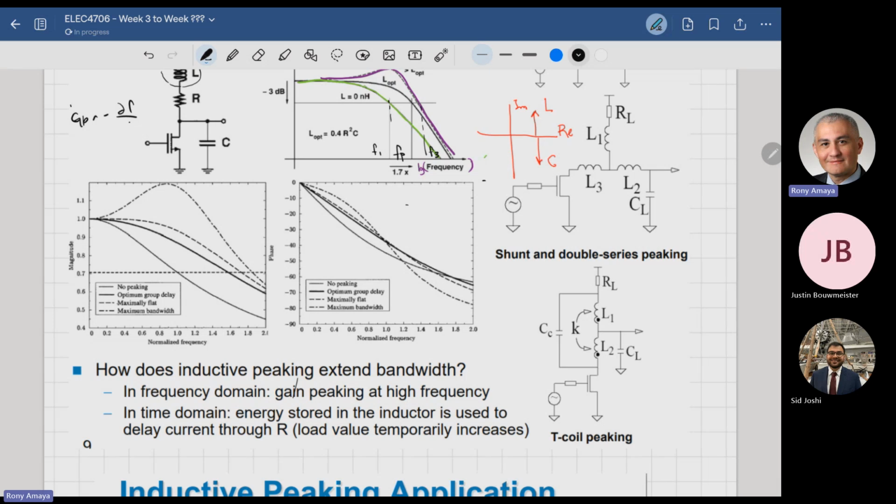That's actually very famous. If you go and design a high-speed circuit, you're probably going to start not with this, but always with a T-coil. The reason for that is that the T-coil allows you to make use of two inductors and a capacitor, and this capacitor is something that you have there anyway. So you're basically making use of a parasitic that is there, either through ESD or a pad capacitance or whatever.